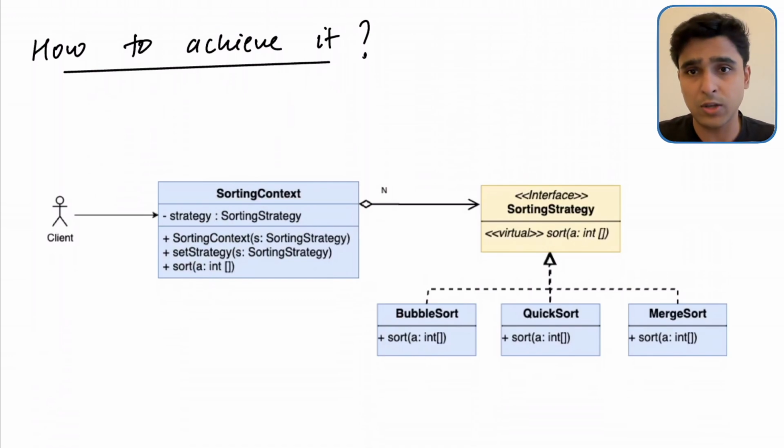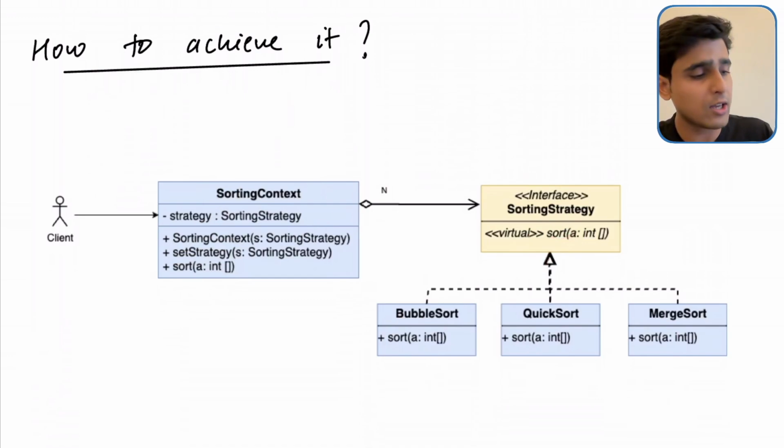The sorting context is storing the object, and the client only stores the object of the sorting context. So the client doesn't have to change its object. And the sorting context will always invoke the sort function of the sorting strategy. Since bubble sort and quick sort implement this sorting strategy interface, they have to implement this sort function.